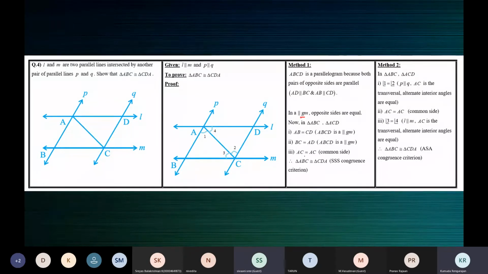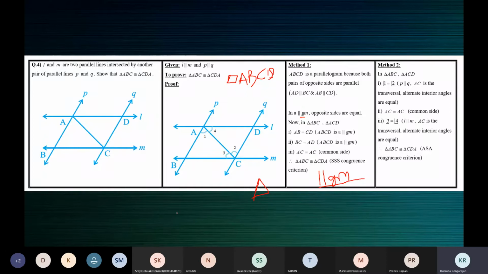I understood that it is the short form for parallelogram. Yes, the short form for a parallelogram is this one, like we use a symbol for a triangle. When you say quadrilateral ABCD, you can just write the quadrilateral symbol and write ABCD.